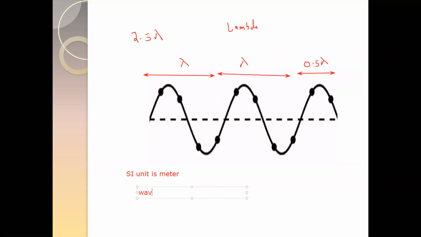Wavelength is denoted by the Greek alphabet lambda. So one wavelength, second, and then 2.5.